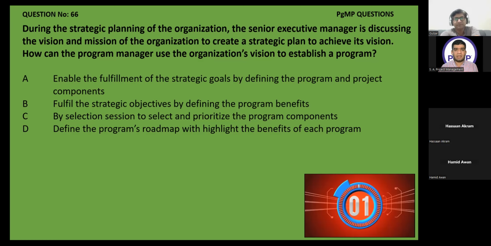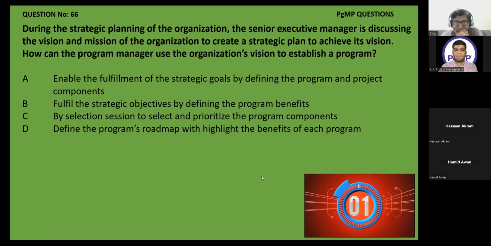If anyone has any comments, please raise your hand and speak. If it is clear to everyone now, why is it A? Kamal sir, is it clear? Assalamu alaikum. Yes, I understand your definition. The reason I gave option B is because the words were vision and mission, which are basically two documents which define the strategy of the organization.